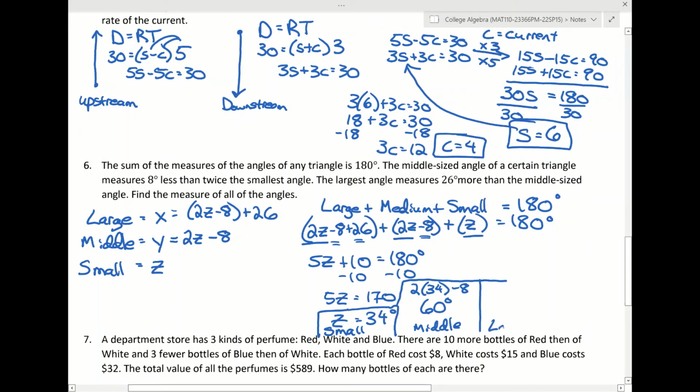And then the largest one would just be 2 times the smallest, minus 8 plus 26. 2 times 34 is 68, minus 8 is 60, 60 plus 26 is 86. And if you add all those angles together, you'd get 180 degrees.